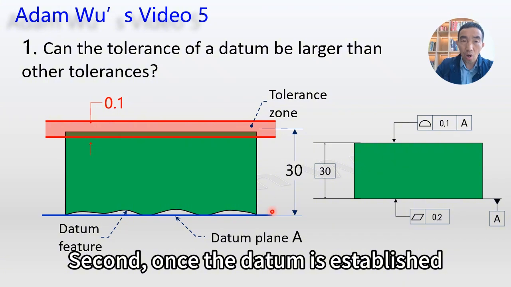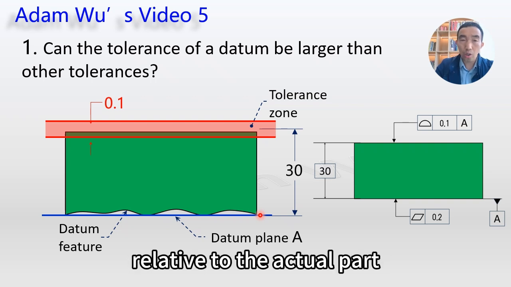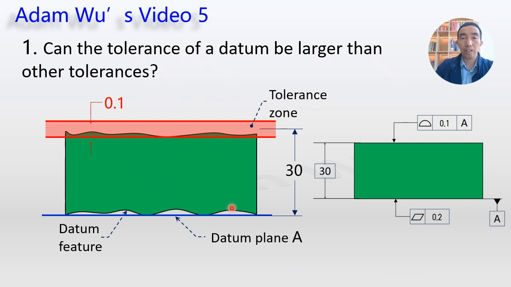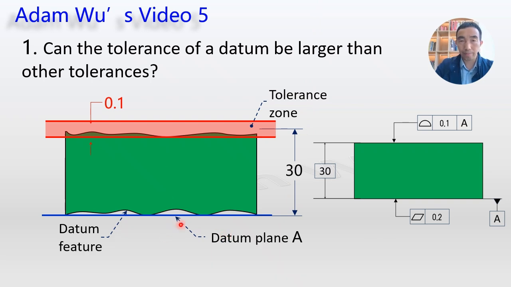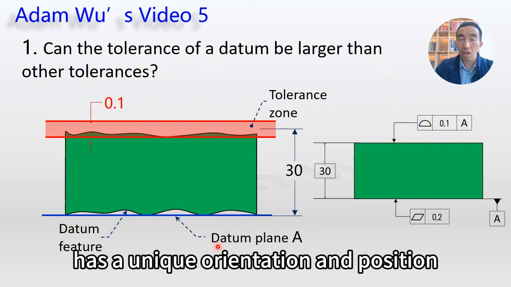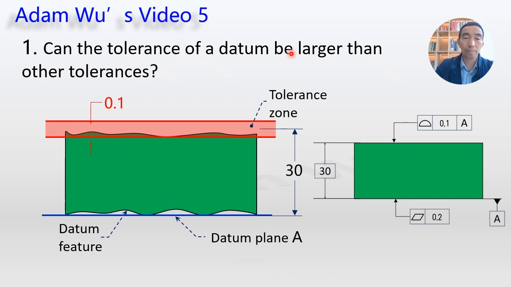Second, once the datum is established, its position and orientation relative to the actual part are fixed, with no other possibilities. In other words, the datum cannot move up and down arbitrarily. This is why we say that the datum has a unique orientation and position relative to the actual part.